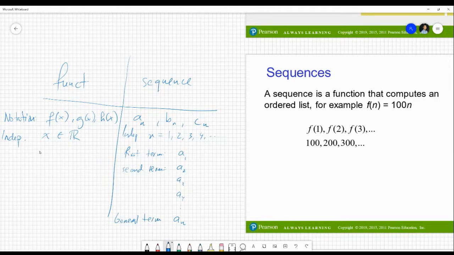Over here, we have the general term too, we just call it f of x. Here, we do not have a first term or second term because our domain is all real numbers.